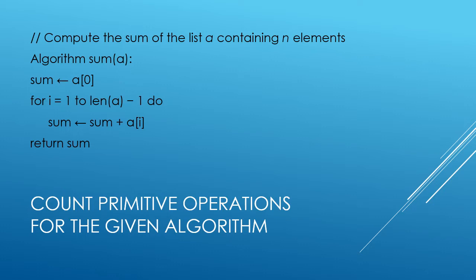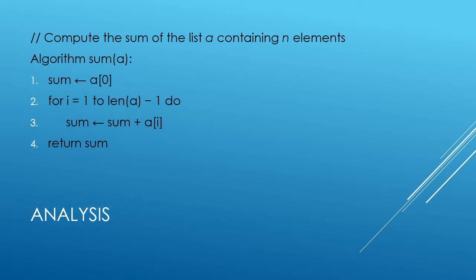And every time we enter the for loop, it takes the ith element of A and adds it to the value of sum. When the for loop ends, the algorithm returns sum. The first thing that I have done over here is that I have labeled each line with a number, and that will make it easier for me to refer to it during the analysis.